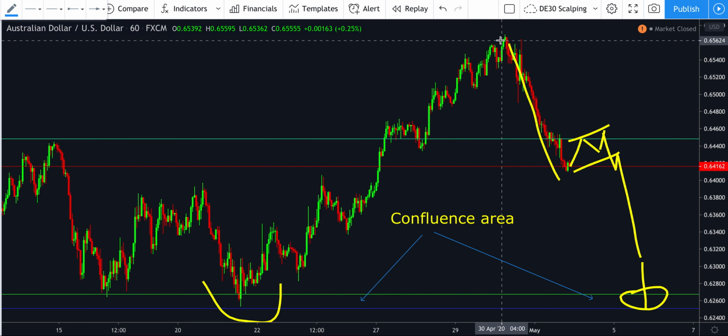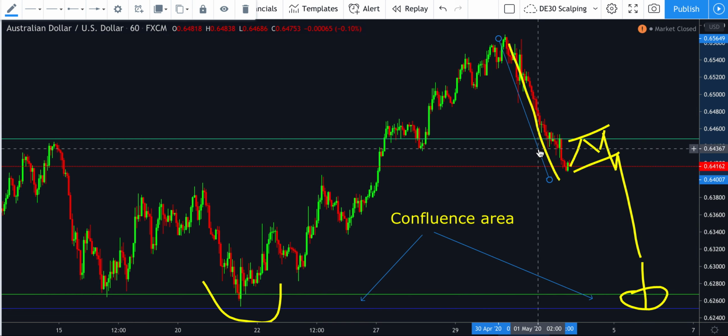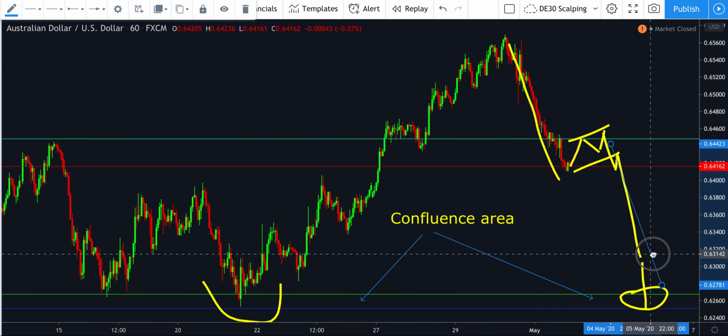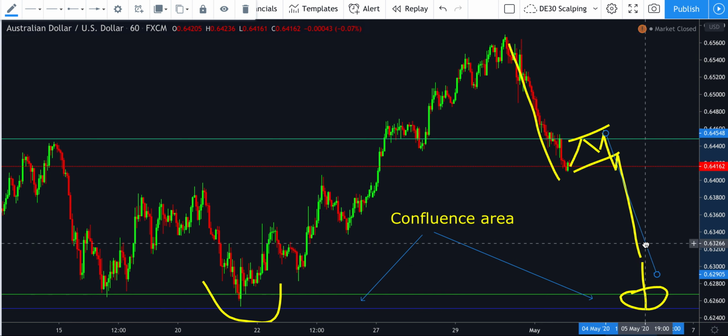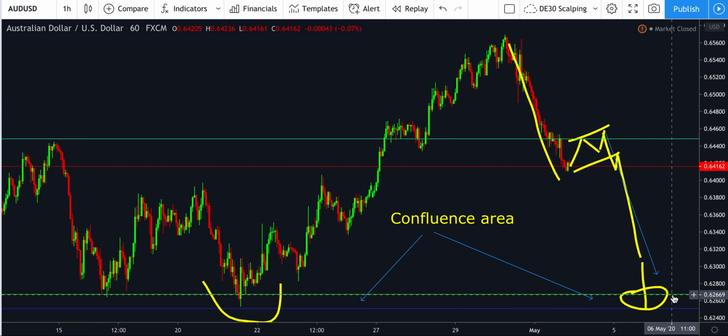So in this case, we will have a measured move in the making, right? So a measured move in the making would lead us almost to this area.